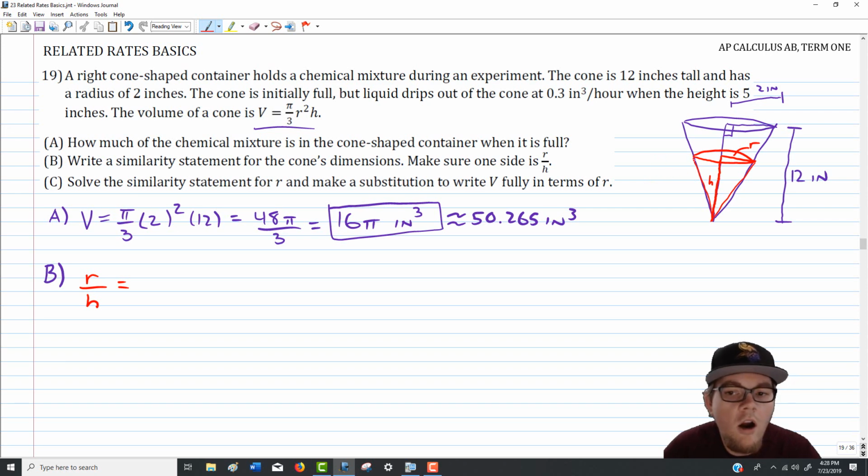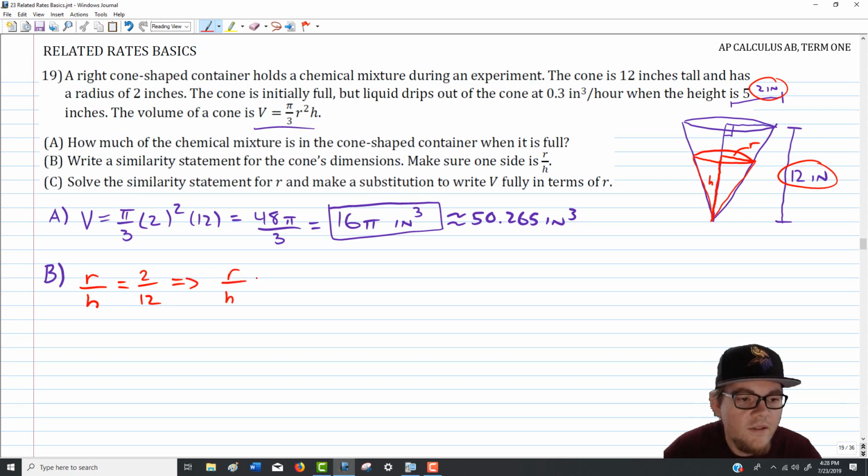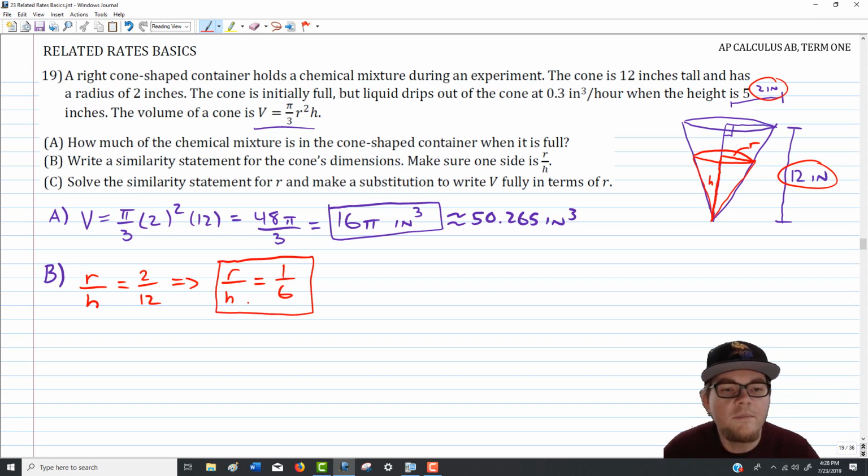So r and h are proportional to the 2-inch and 12-inch original starting pieces respectively, which means r over h is going to be equal to 2 over 12 at all times. The radius and height will always be in a proportion of 1/6 with one another. So for part B, when we're asked to write the similarity statement, that's going to be equal to 1/6.